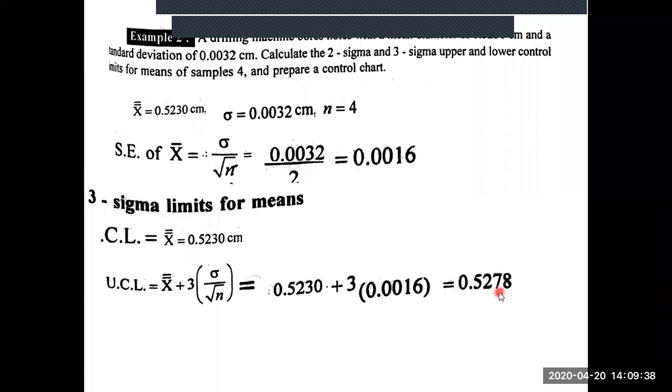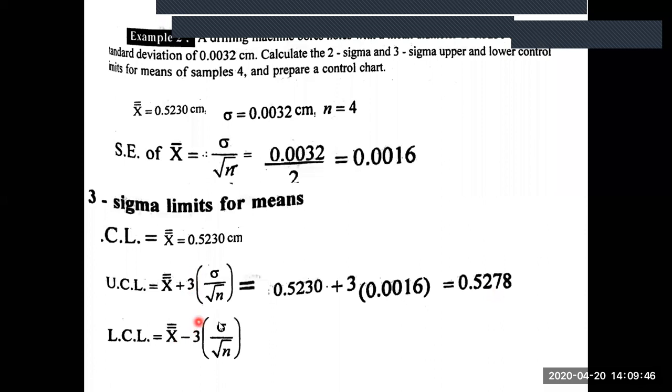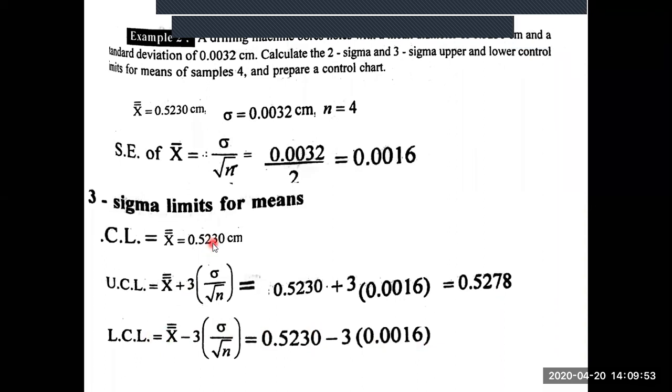This is the upper control limit. Similarly, the lower control limit is x double bar minus 3 into sigma by root n, that is 0.5230 minus 3 into 0.0016, which gives 0.5182 centimeters. So we have completed the 3 sigma limits: the control line, the upper control limit, and the lower control limit.